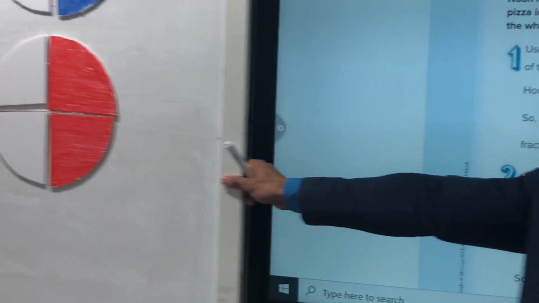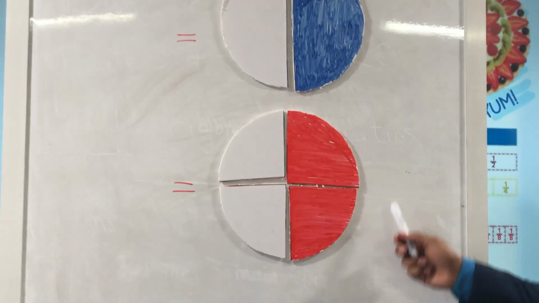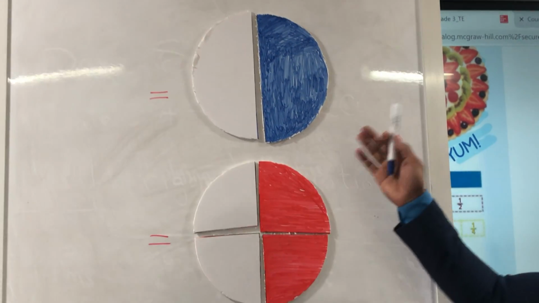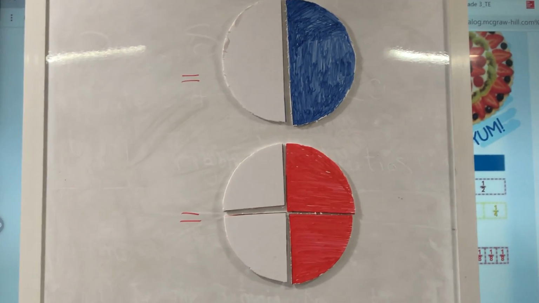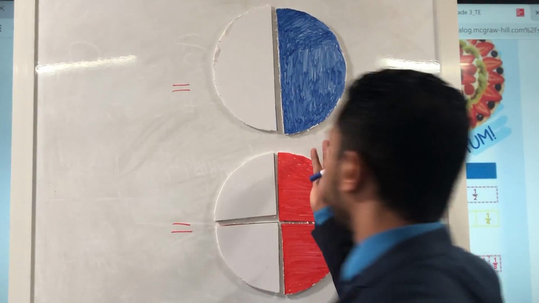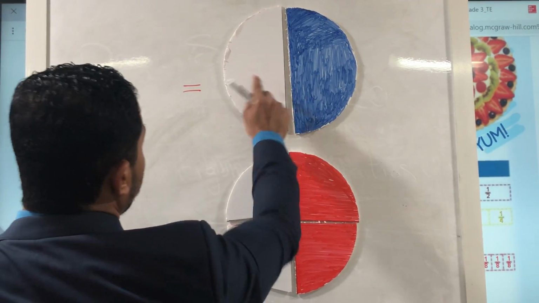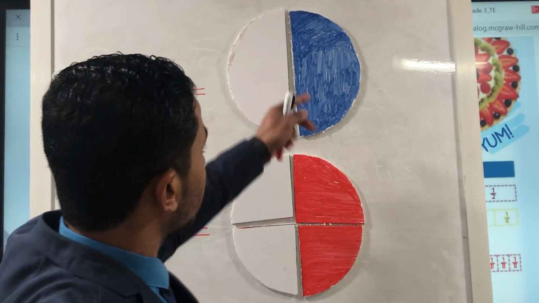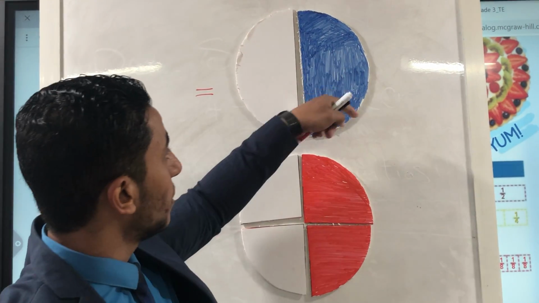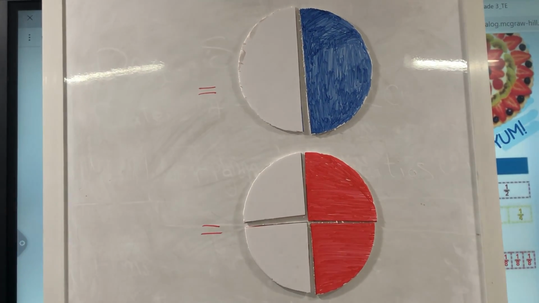Before we start, we have here 2 pieces of pizza, or 2 pieces of chocolate like circles, 2 pieces of bread, anything. The first piece here is divided into 2 equal parts. If you consider this one piece of pizza and you've eaten 1 piece, who can read the fraction?